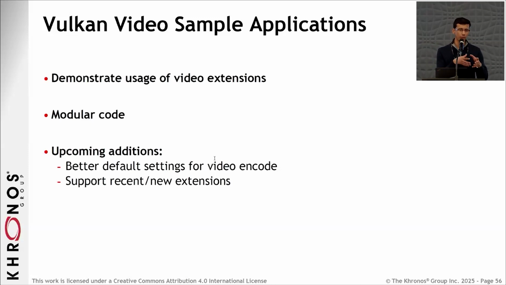So there are some default settings that work for one implementation and not so well for the others. So the Vulkan API can give you recommended settings if you tell it what use case you're aiming for. And we are aiming to make that available in the sample applications so that right from the start, you have good settings that you can use for encoding.